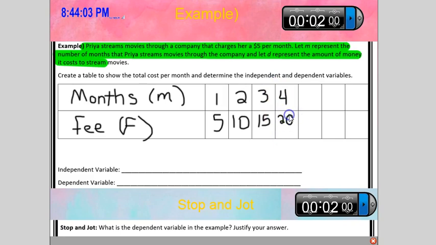So up top, we're moving by ones, but what are we moving by down here? We're moving by 5. So we can make this faster, and we can just go 1, 2, 3, 4, 5, 6, 7. Down here, if we're counting by 5s, the next number would be 25. The next number would be 30, and then 35.